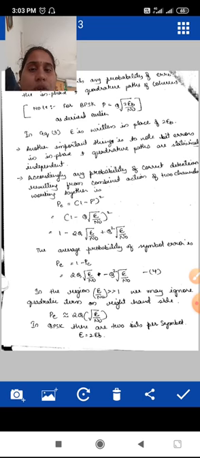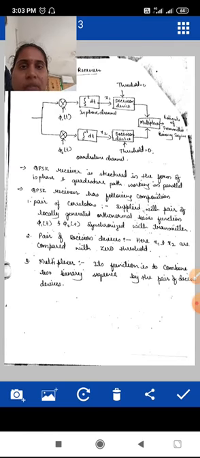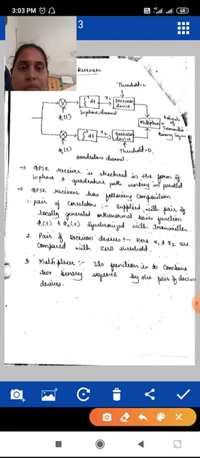For one BPSK, we have Q of root of E by N naught. This part we are calling the in-phase channel, and this part we are calling the quadrature channel.